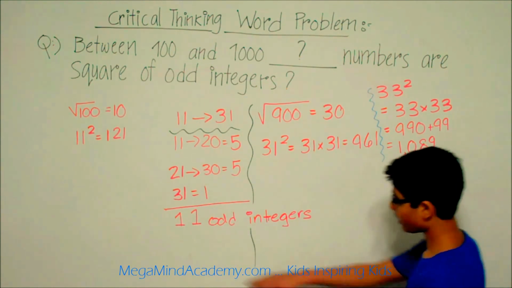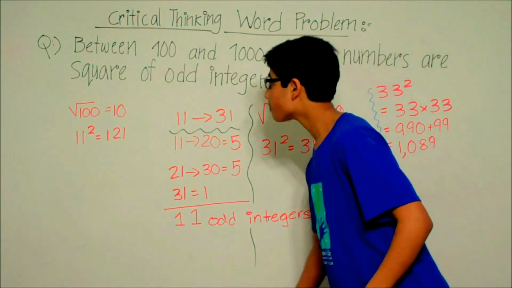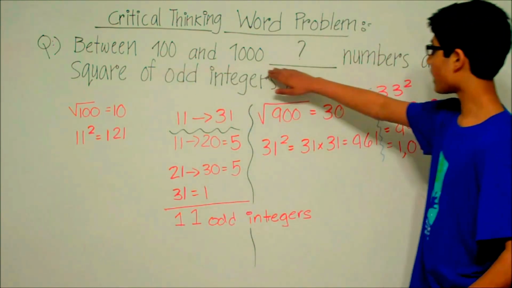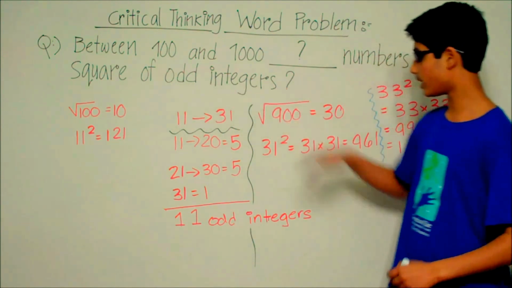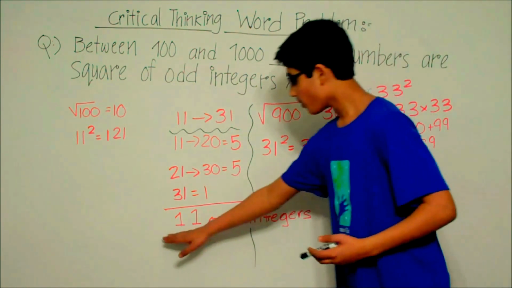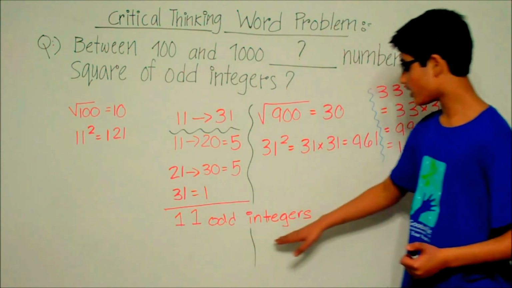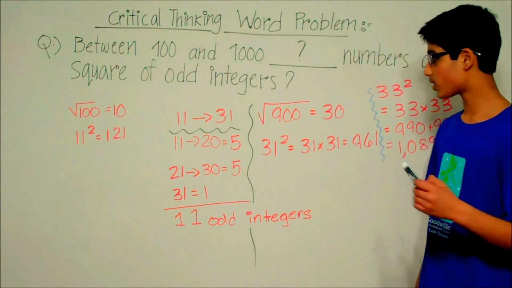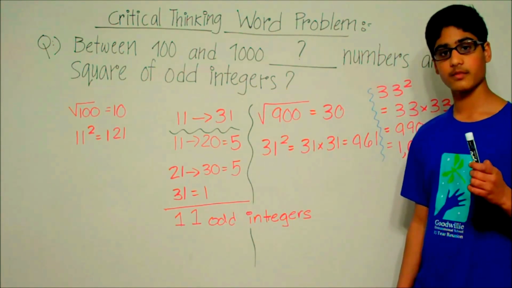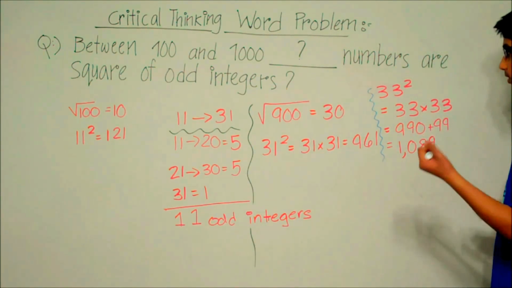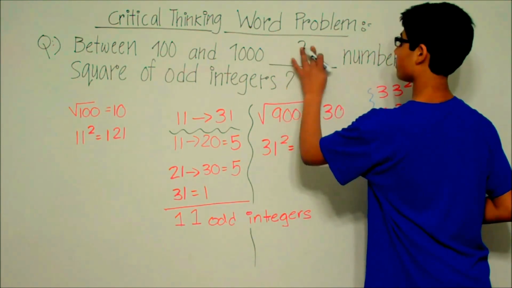So between 100 and 1000, 11 numbers are the squares of odd integers. We know this because there are 11 odd integers, which are the square roots of those 11 square numbers. So the answer to this problem is 11.